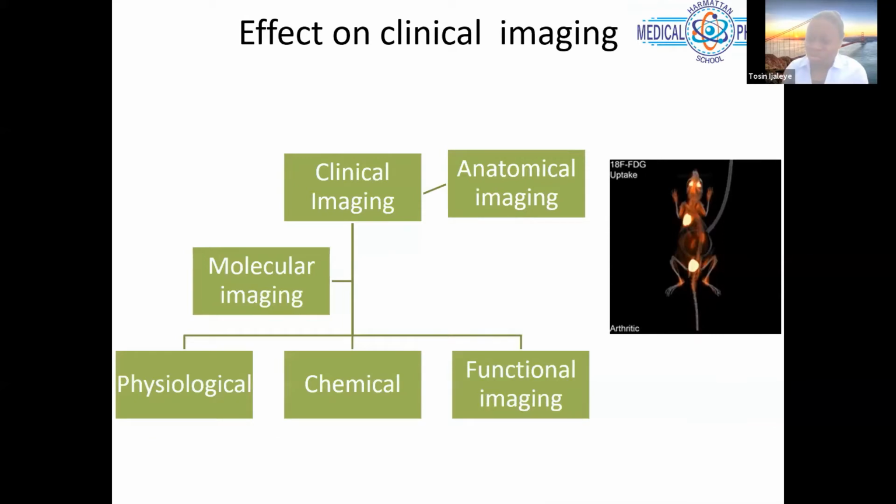It deals with physiological imaging, chemical imaging, and also functional imaging. For instance, on my slide, this is an example of an 18 fluorine FDG PET image. We can see the signals of the 18 fluorine that has been given, which show the particular point where the radiotracers have gotten to, and they could be imaged out.